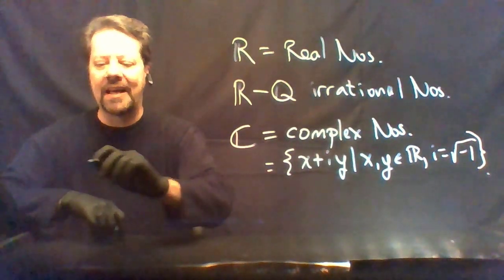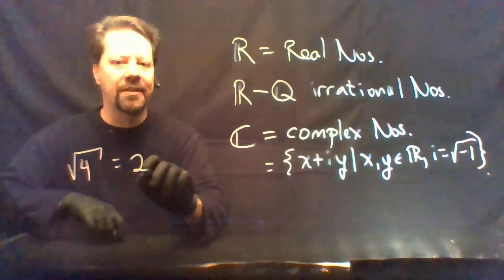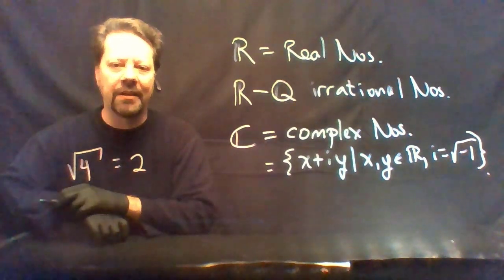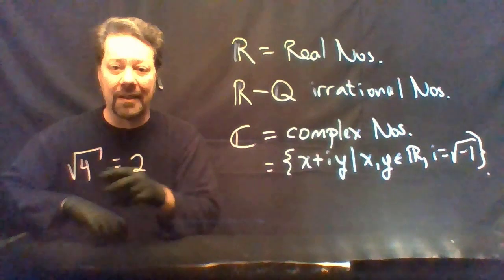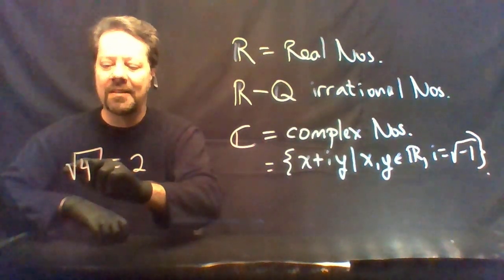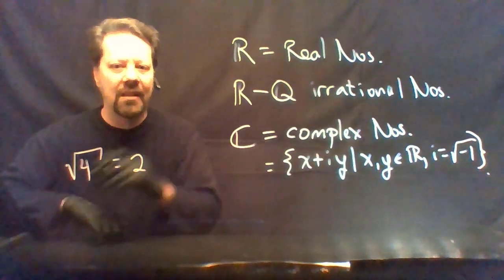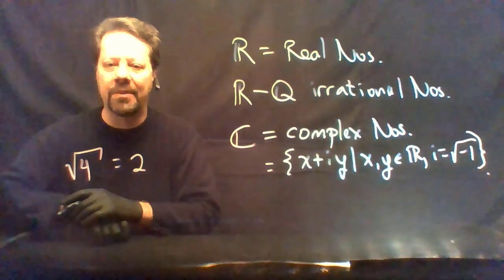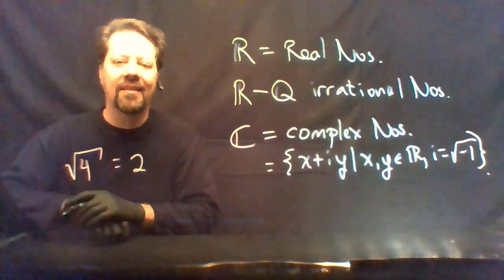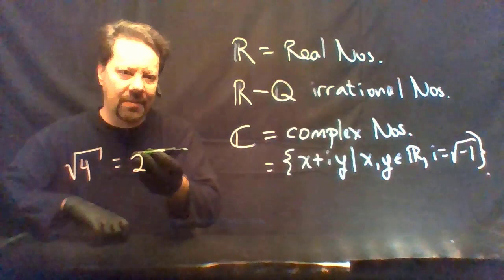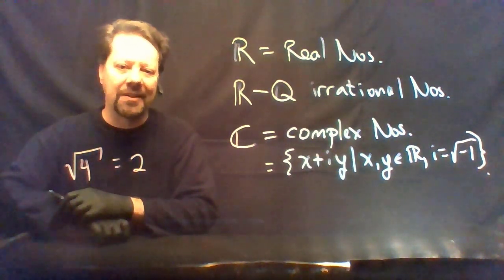I should mention to you now, the principal square root is always the positive one. When you press that square root button on your calculator, it does not give you plus or minus. It gives you plus. And that's because the radical symbol doesn't represent any old square root. It represents the principal one. For real numbers, the principal square root is the positive one, or 0. For complex numbers, it's the one with the smallest positive reference angle off of the positive real axis.